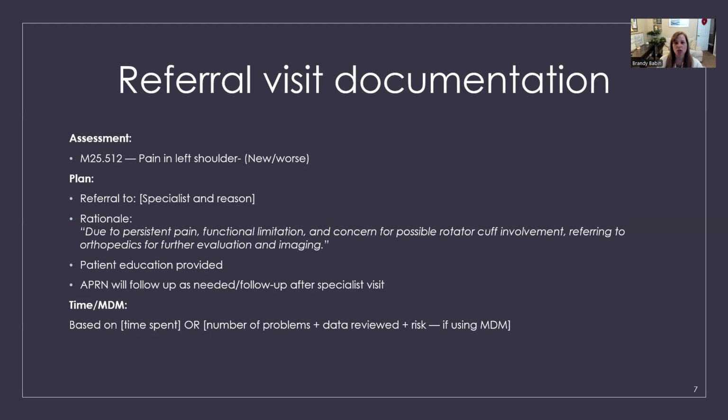Of note, there are certain ICD-10 codes that cannot be billed as primary. So those would be Z codes, they would be T codes, they would be L codes, and some R codes, which would be symptom management or symptoms. So make sure that whatever ICD-10 code you're using can be utilized as a primary.